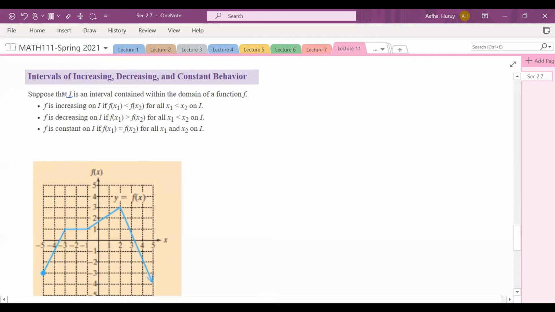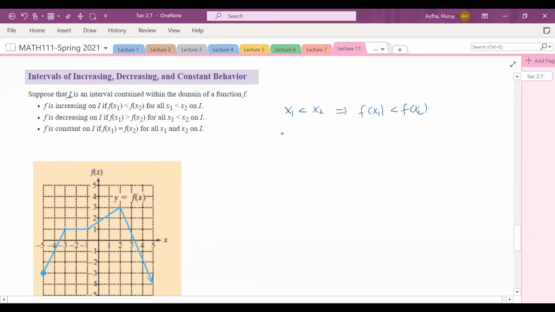On I, for f to be an increasing function, when x1 is less than x2, this implies f of x1 is less than f of x2. Then the function is increasing.